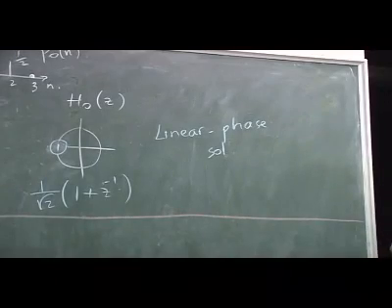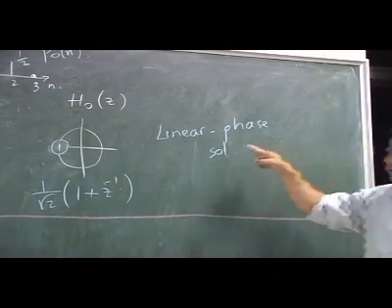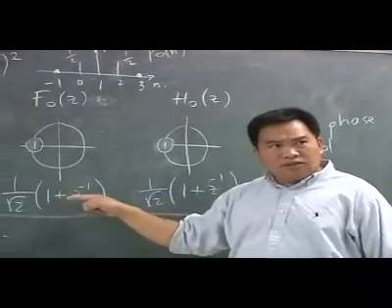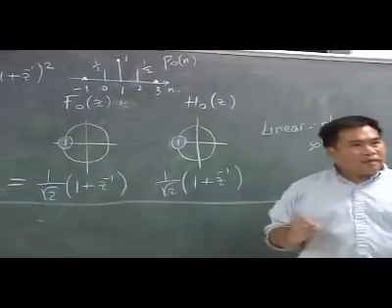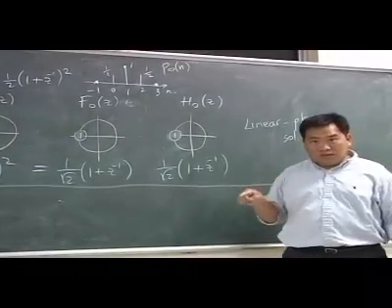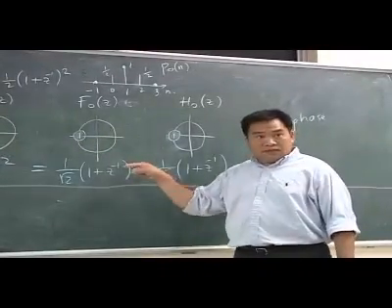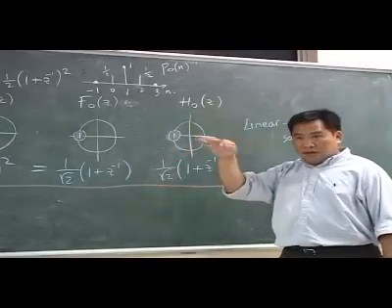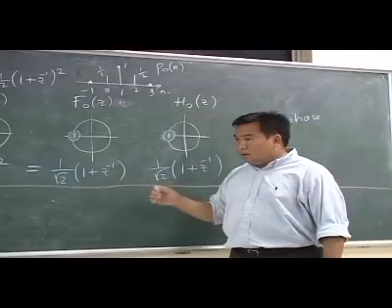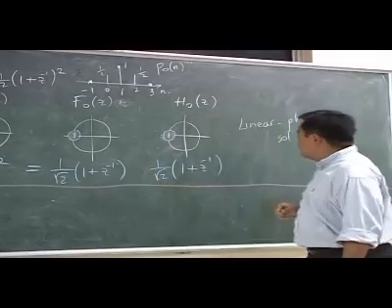Linear phase means that if you compute the phase of this system, what is it? Minus omega over 2, right? So the phase has a positive group delay, a negative slope. So this is linear phase.